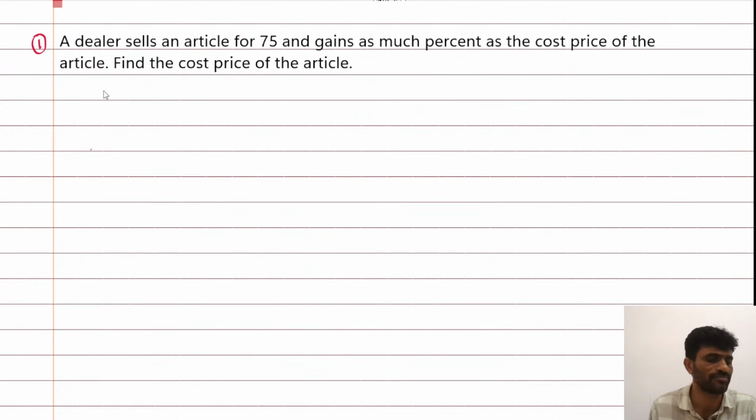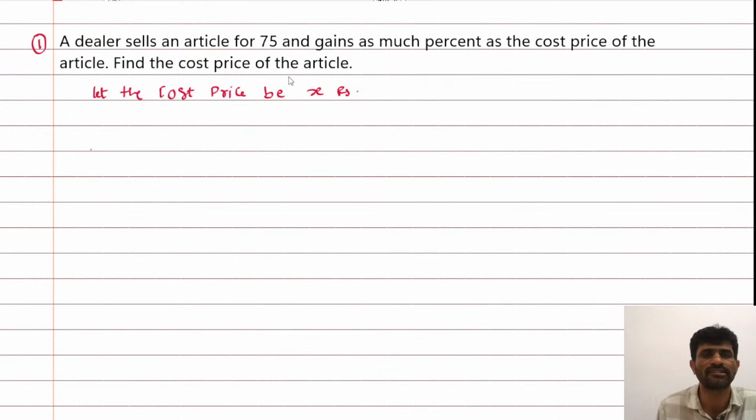So what you have to write? Let the cost price be rupees X. We will take the cost price of the article as X. And here what is given: gains as much percent as the cost price.